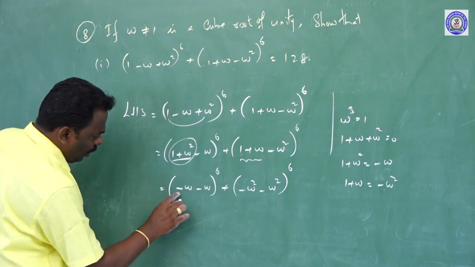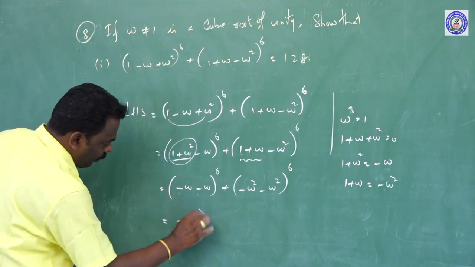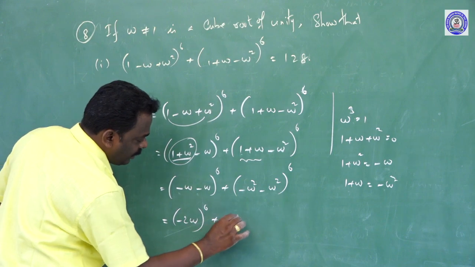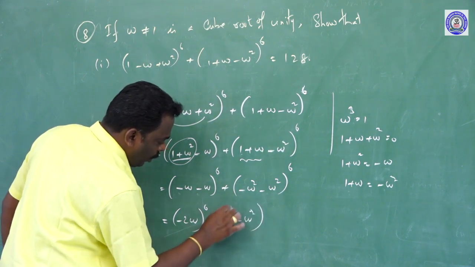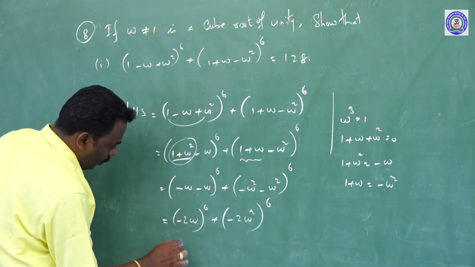That is equal to minus 2 omega whole power 6 plus minus 2 omega square whole power 6.